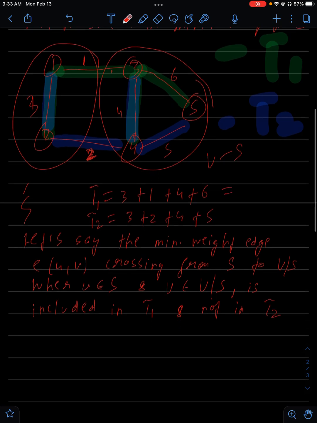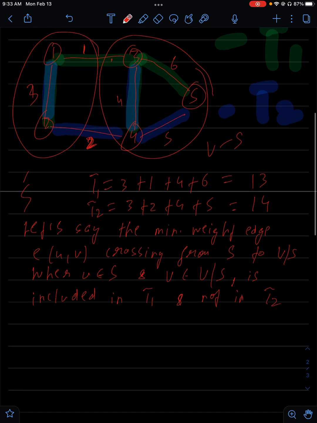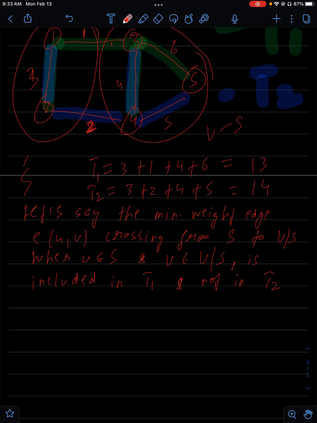So this will be 14 and 14... T1 will have a weight less than T2 because it has the minimum weight edge crossing the cut S from V minus S.